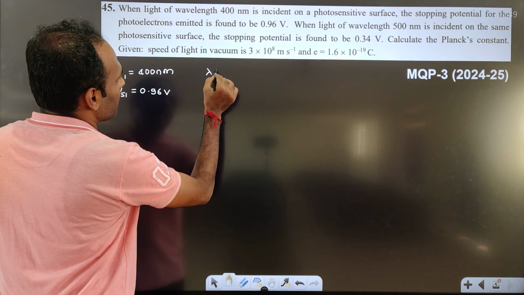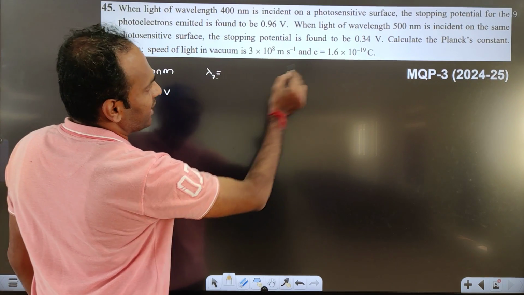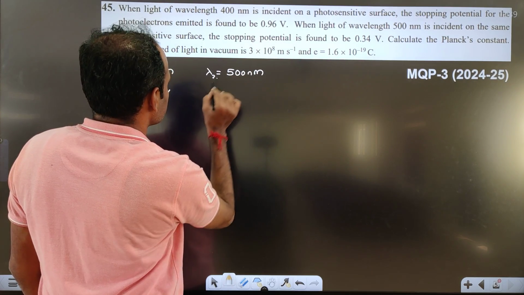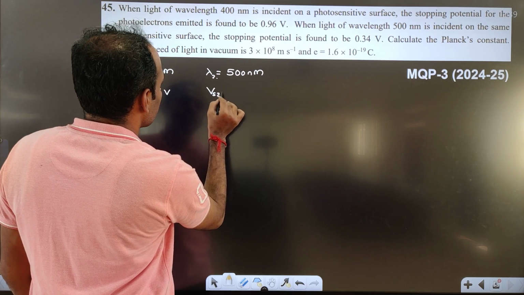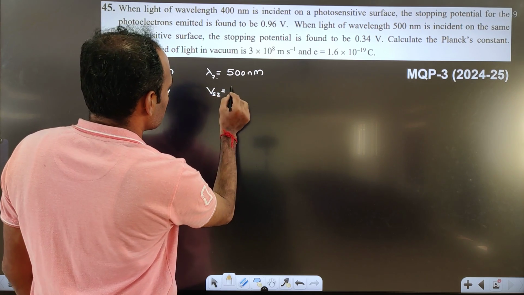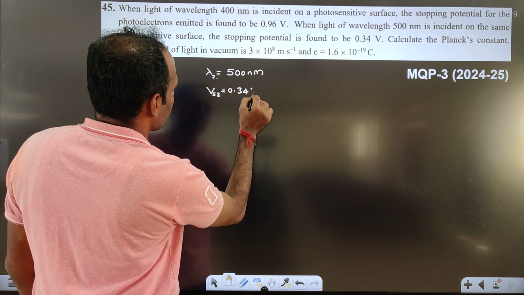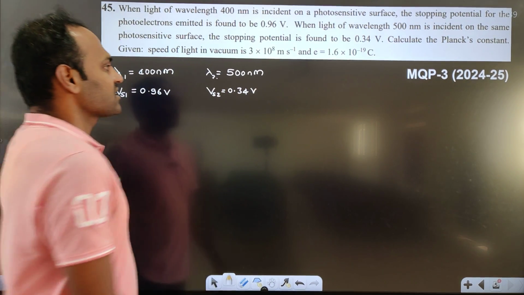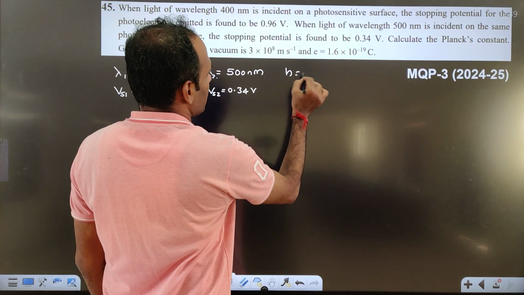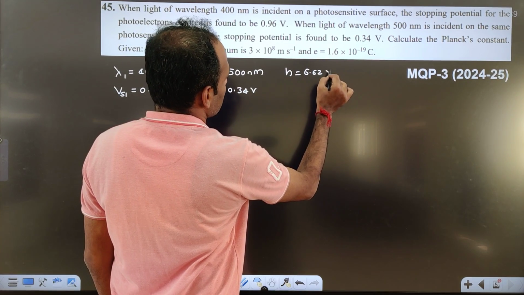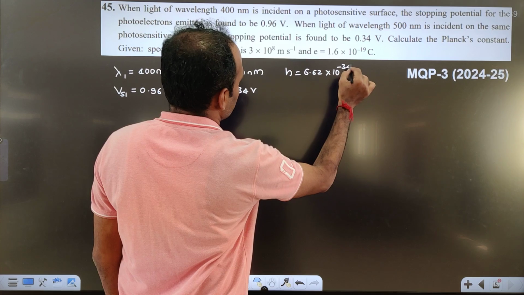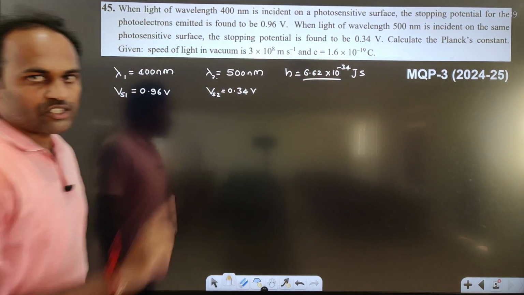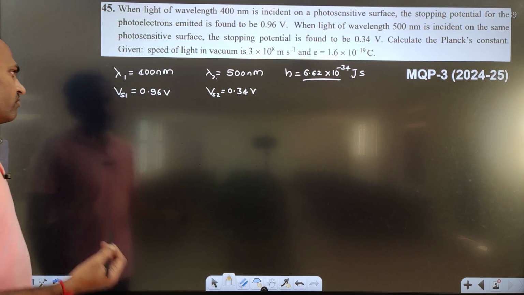When the second light of wavelength 500 nanometer is incident, stopping potential number 2 is 0.34 volt. What they are asking us to calculate is the Planck's constant. We already know the Planck's constant value is 6.62 into 10 to the power minus 34 joule second. This much answer we have to get. Okay, let us solve it then.